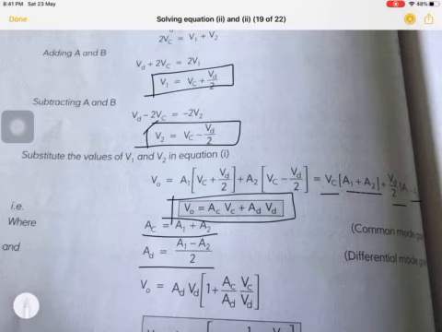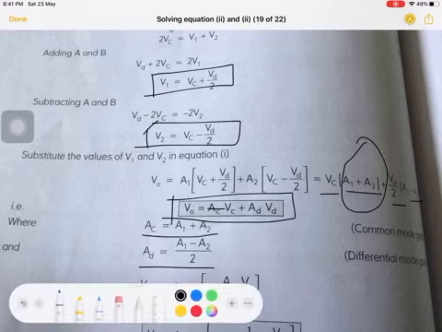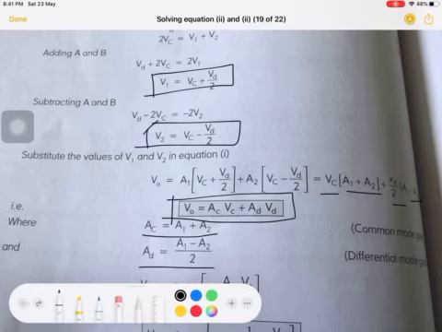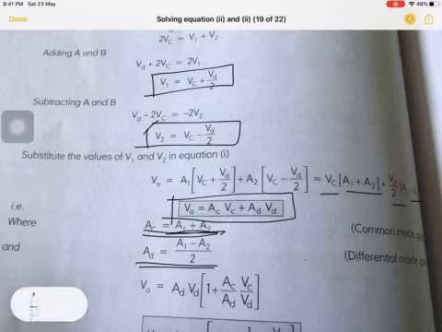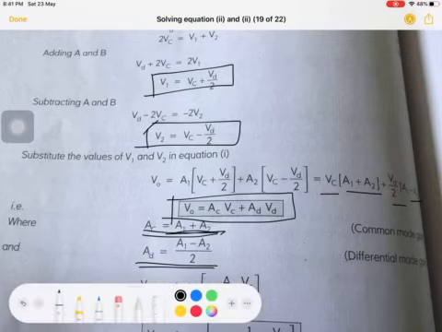Therefore, we can write the first term as AC and (A1 minus A2) by 2 as AD. So effectively AC is A1 plus A2, and AD is (A1 minus A2) by 2. AC is the common mode gain and AD is the differential gain.